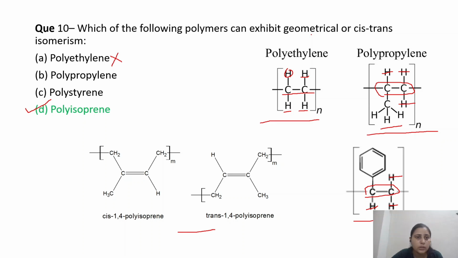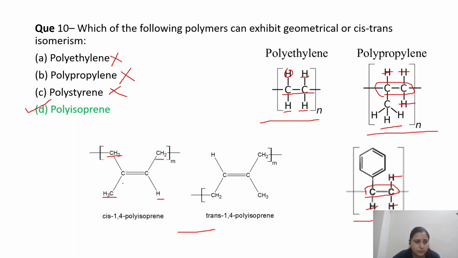So here is cancelled, here it is cancelled. So in the polyisoprene, if we see, one group is CH3, one is hydrogen, and the rest two are CH2, CH2.